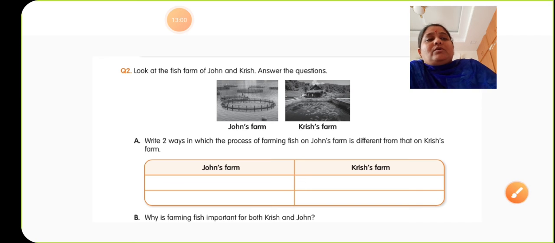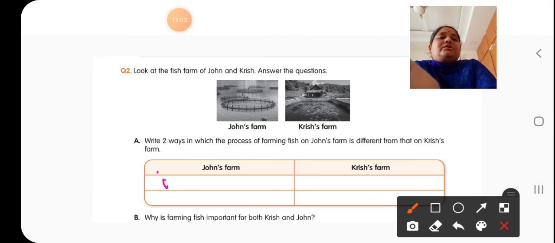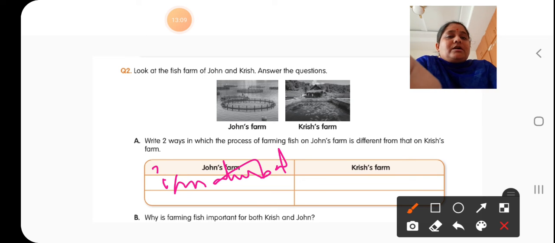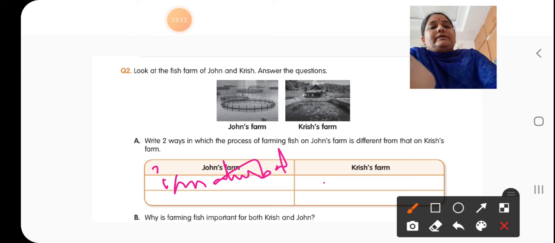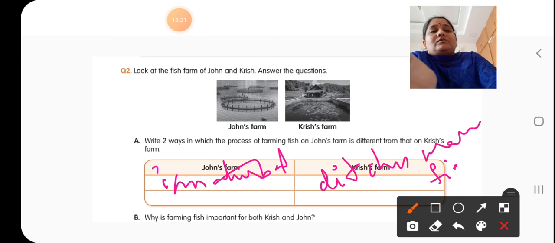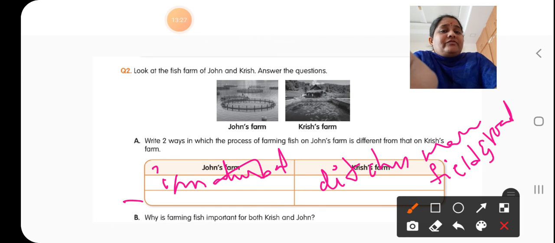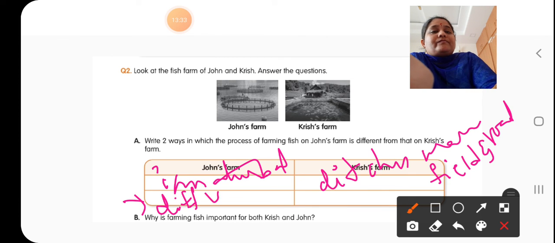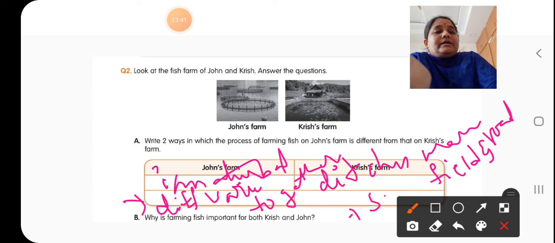In John's farm, cages are placed in natural water bodies, whereas in Krish's farm, ditches are arranged near the field or roadsides where water is available. The second difference is that in the cage farming method, different varieties are grown together, whereas in the fish farming method, we select our own variety.